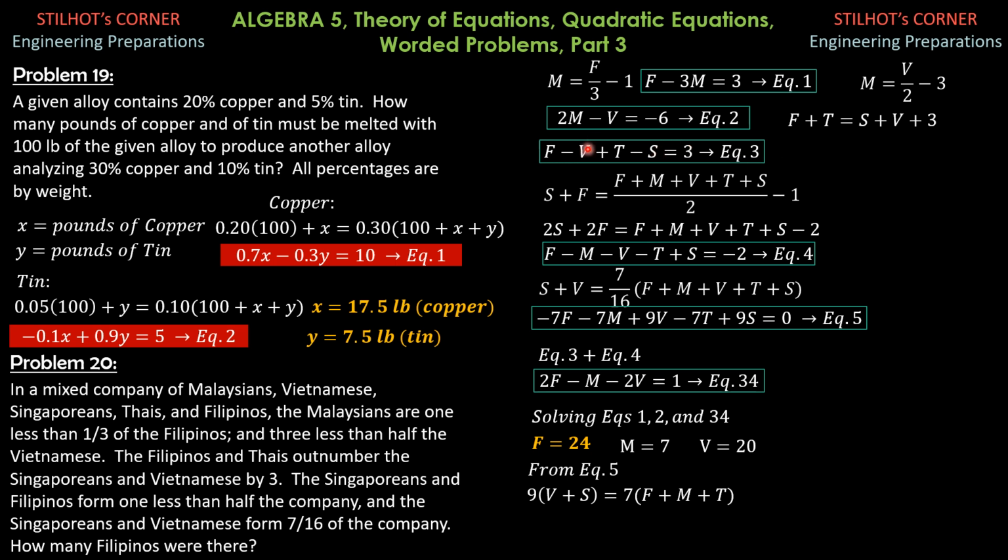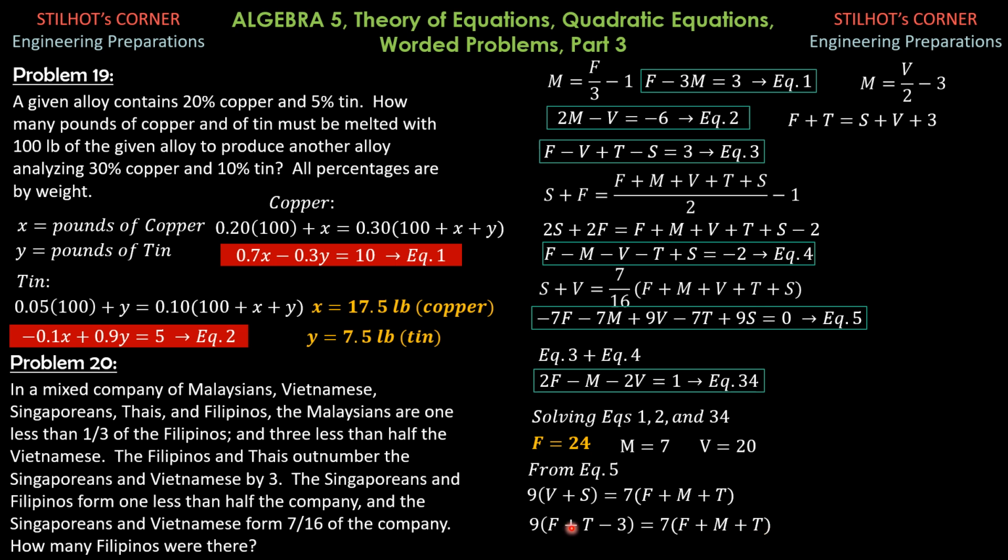So we replace V plus S by F plus T minus 3 here. So 9 times the quantity F plus T minus 3 equals 7 times the quantity F plus M plus T.